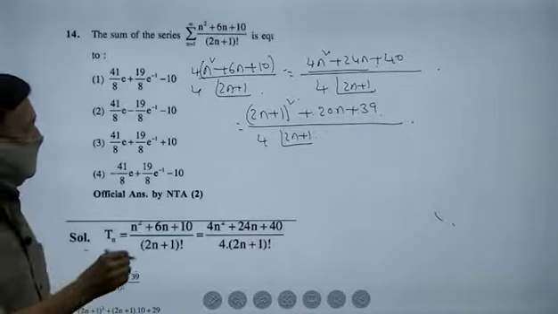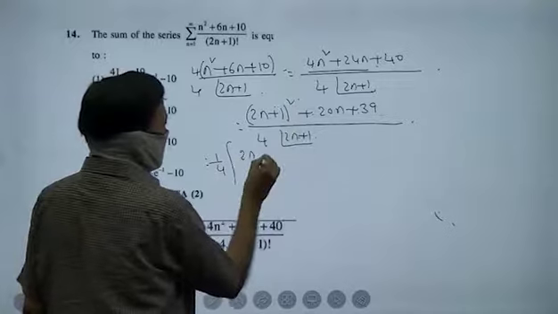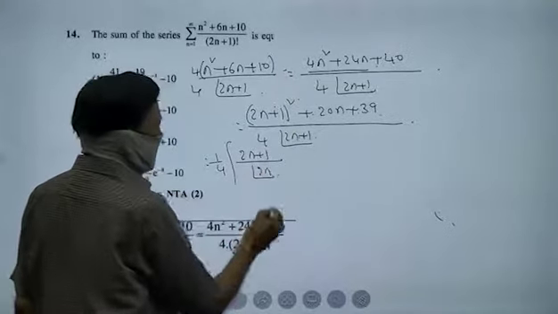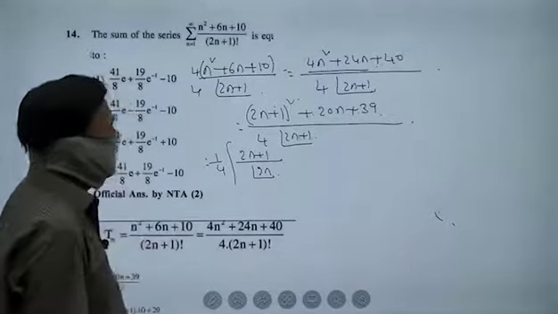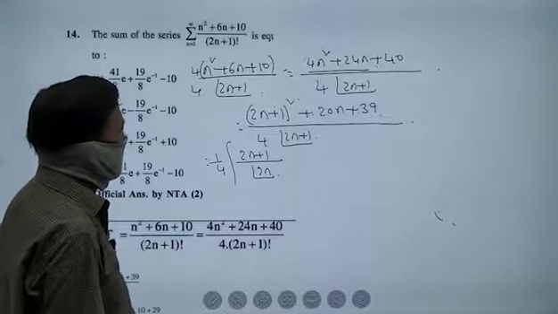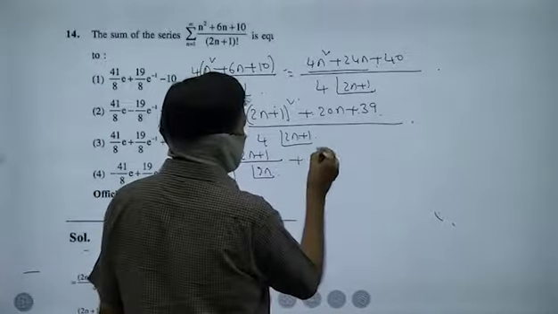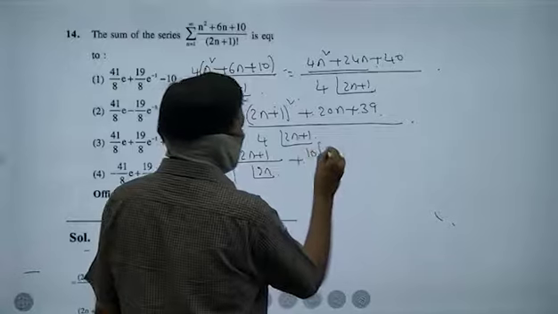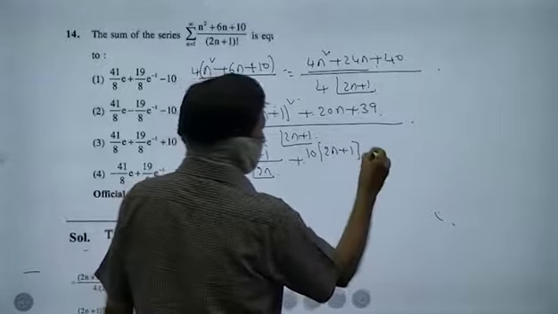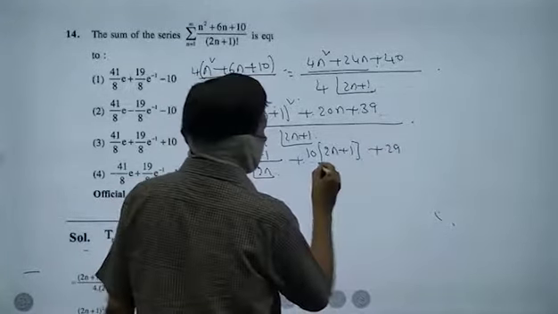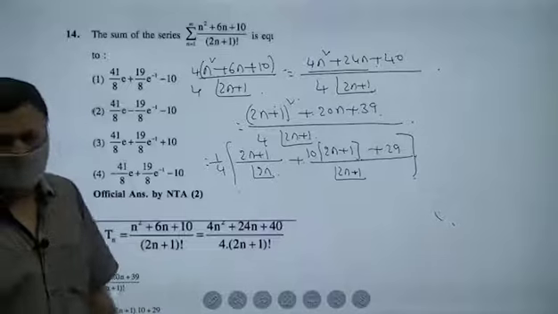Okay, understood? Now 1 by 4 into this by this will give you what? 2n plus 1 by factorial 2n, factorial 2n, right? Okay, no problem, right? Plus, okay, 10 into 2n plus 1 plus 29 by this. Okay, now I am just adjusting.